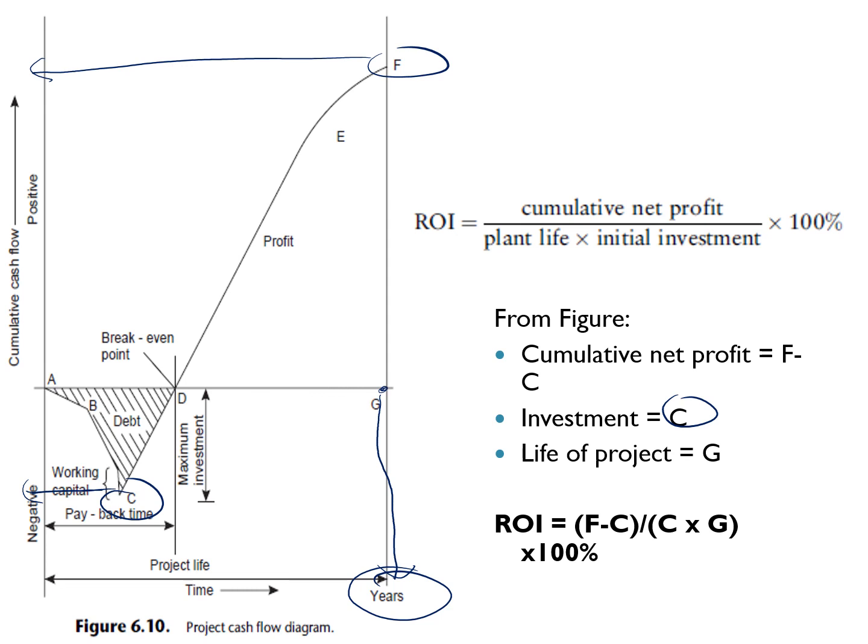So you may solve the ROI for your company by F minus C over C times G, times 100%. So you will obtain your ROI.